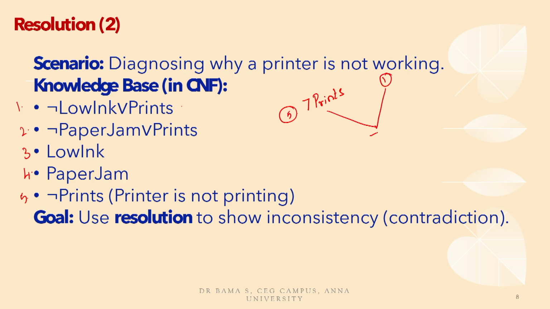So, that we would get as not low ink, and this not low ink and 3 we would get a null clause. Suppose if I have taken the other way also, not paper jam with prints, the result we would get as paper jam, then also we would get a null clause.